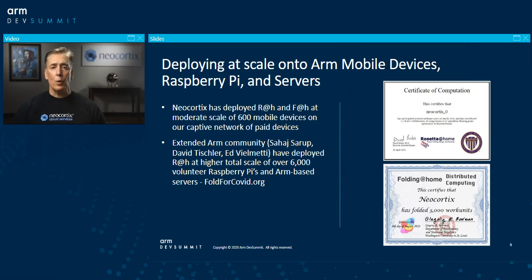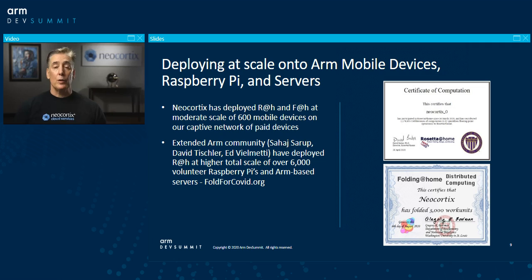At the scale we deployed, we were able to complete significant numbers of work units, and I'm showing on the right side of the display some certificates of computation for both Rosetta at Home and Folding at Home. So that was our small scale deployment in the initial phases of this project.